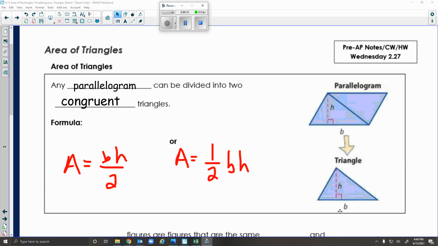So what that means is we can use our normal formula for the area of a parallelogram, which is area equals base times height. And if we just divide it by 2 or multiply it by a half, that's the same thing, we can actually find the area of a triangle. So that's where the area formula for a triangle comes from.